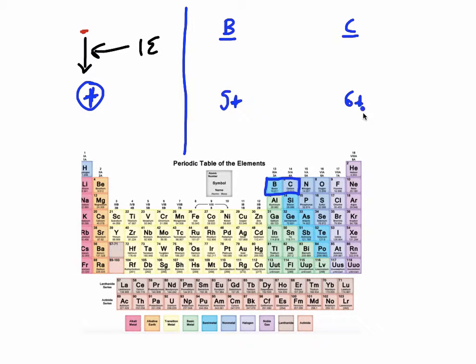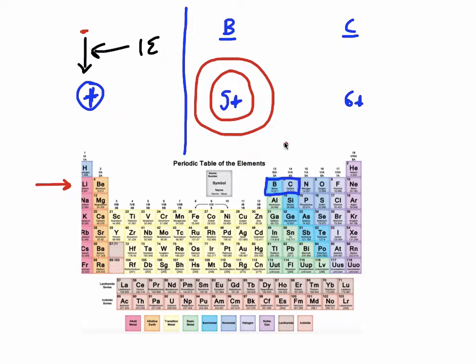Now, in terms of electrons, the best way to think about this is that boron is pulling on 5 electrons, which are in the second energy level, and we're going to think of those as rings. So there's the first ring, and then here is the second ring, and that's because boron is in that second period on the periodic table.